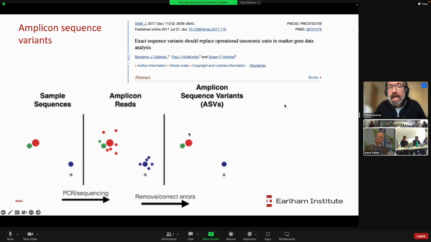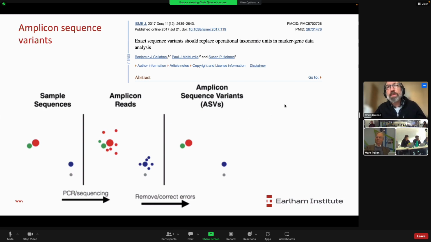But then, I guess what I was trying to say is that if you want to count up diversity, it might actually be better to combine those 2 things. So I do feel that there are pros and cons to ASVs versus OTUs, whereas Ben Callahan and Susan Holmes are very much of the view that ASVs are what you should use.